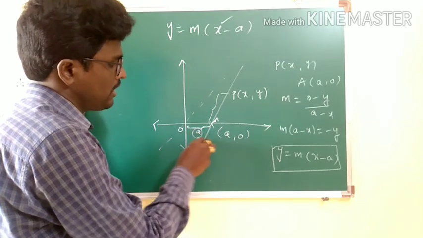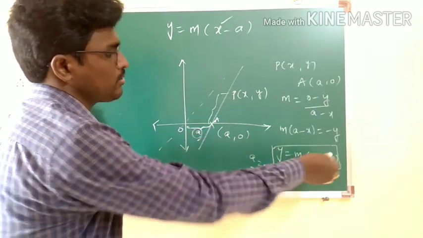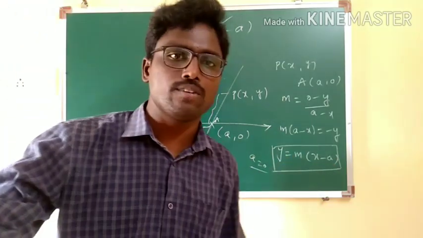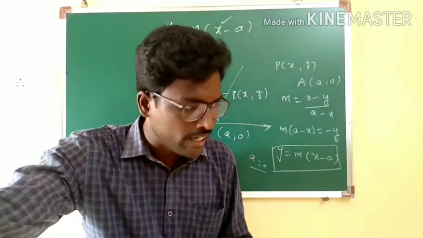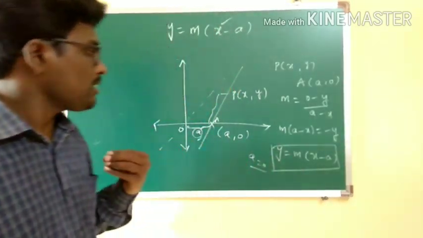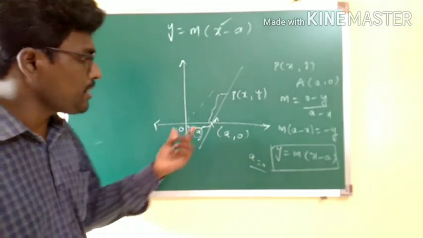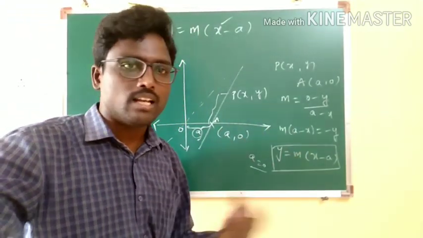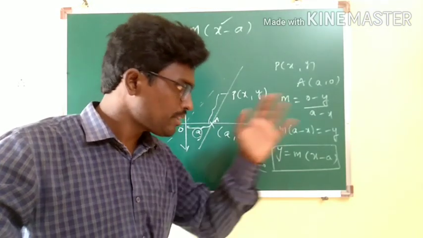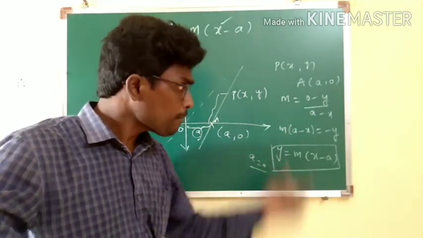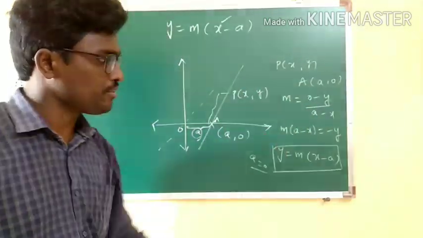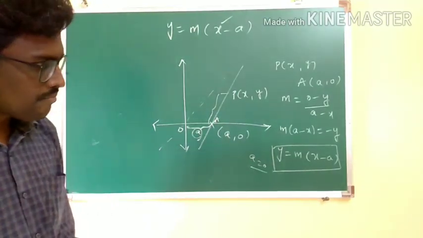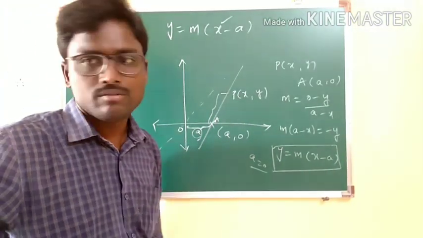This won't be there, a becomes 0. Even in that case you will be getting the same output, that is y is equal to mx. And if the line has the x-intercept a and its slope is m, then we can get the line equation by y is equal to m into x minus a. Please note this scenario. Even take the figure also. Fine.